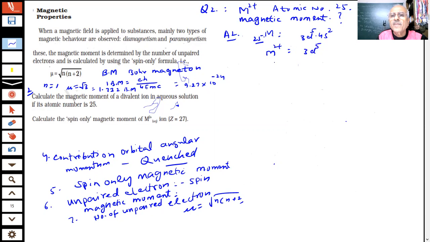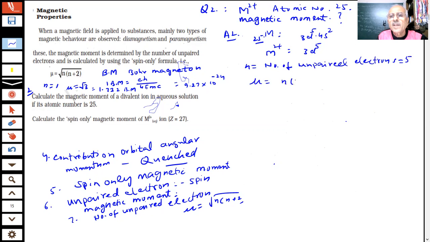3d5. And that means the number of unpaired electrons, students, will be 5. N is equal to 5. Then what is the formula?